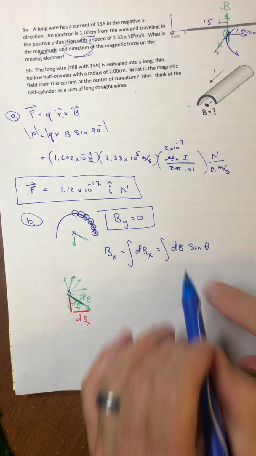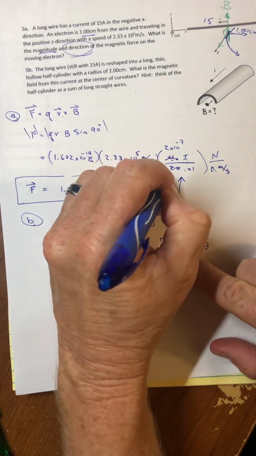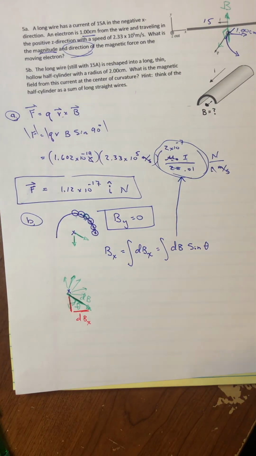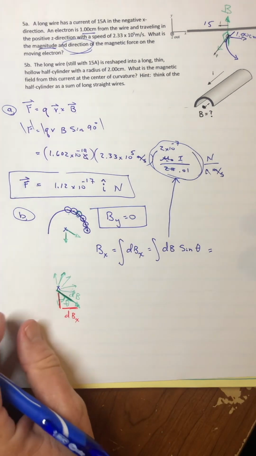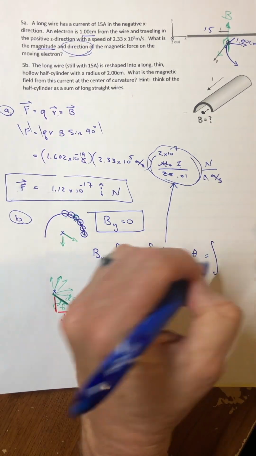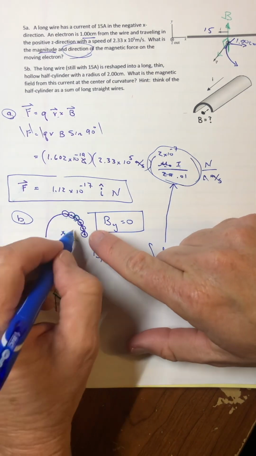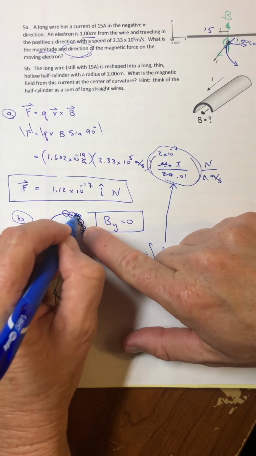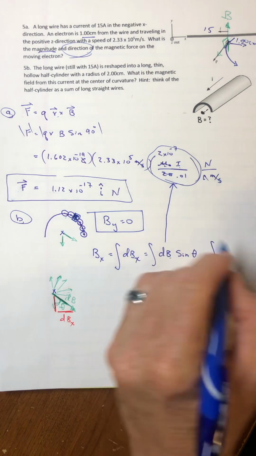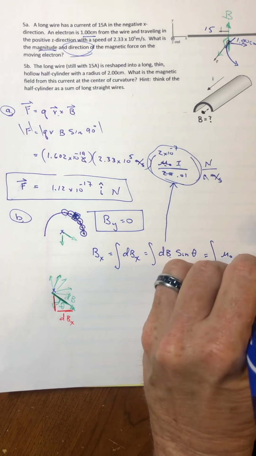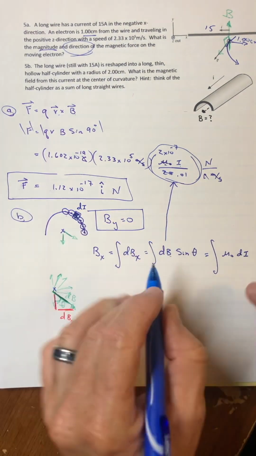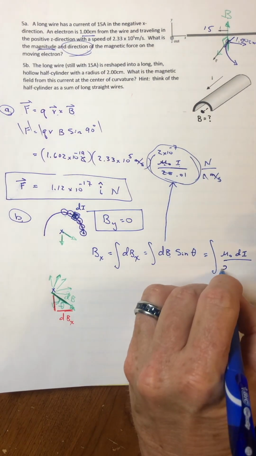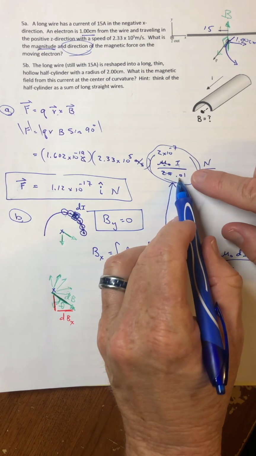And for a long straight wire, we can say dB is this thing. This is the equation for the magnetic field from a long straight wire. So for this one microscopic wire right there, this is mu naught times the microscopic current going through here, over 2 pi times its distance away.